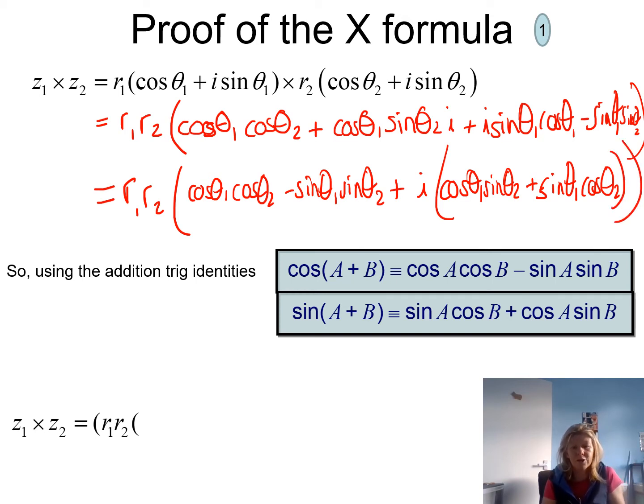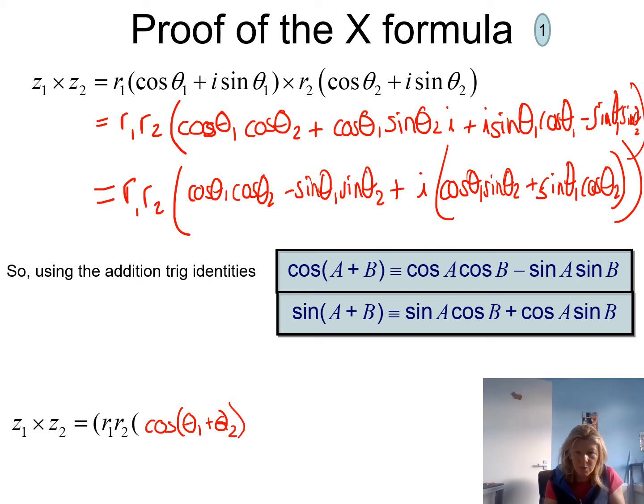Right, so using the addition law, looking at these, that one looks like the real part. So that first bit is the same as cos of A plus B, so that's cos of theta 1 plus theta 2.